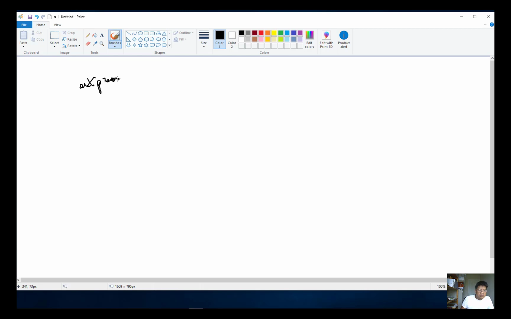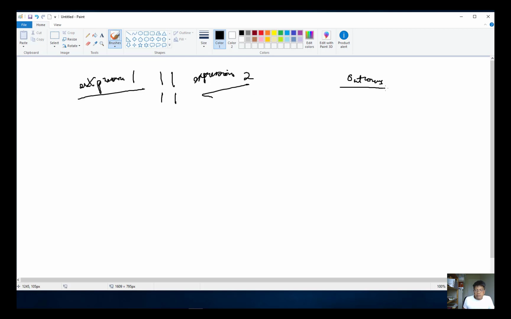I'll have expression number 1, and then expression number 2, and then a column that says outcome. In between them, we're going to have the OR symbol.